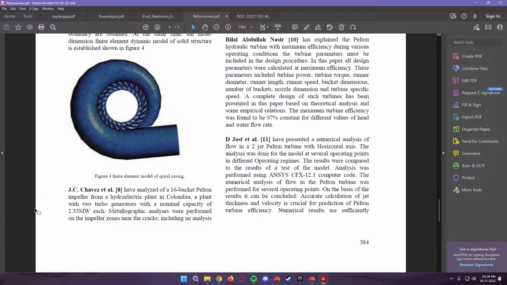J.C. Chavez has analyzed a 16-bucket Pelton impeller for a hydraulic plant with two turbo generators with a thermodynamic capacity of 2.3 MW. Metallographic analysis was performed on the affected zones near the crack.